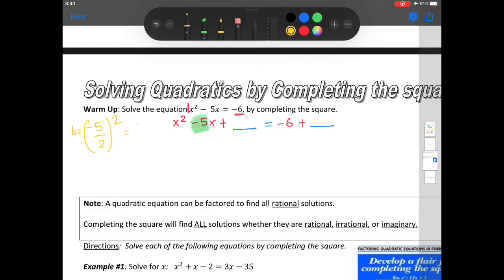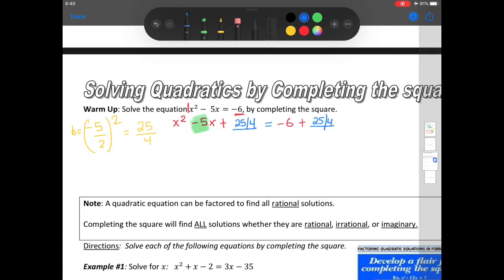If you square a negative number, it's going to be positive. So 5 squared is 25, 2 squared is 4. Leave it in fraction form. You don't have to give me decimals, please. So that's the number that will go here. So this is going to be 25 over 4. So I added 25 over 4 here, I'm going to add 25 over 4 on this side.